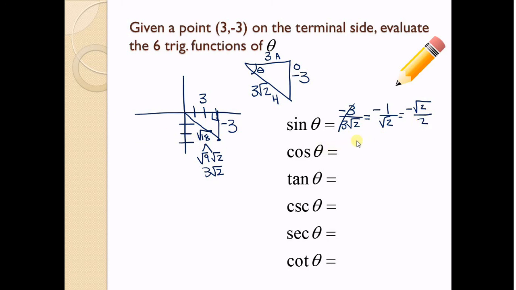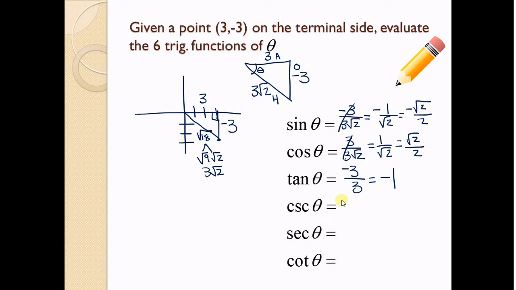Cosine, I'm going to get adjacent over hypotenuse, so 3 over 3 root 2. 3's cancel, left with 1 over square root of 2. Rationalize that denominator, so you multiply by the square root of 2 on the top and bottom. So you get square root of 2 over 2. Tangent of theta, that's opposite over adjacent, so negative 3 over 3. That's just negative 1. No problems there.